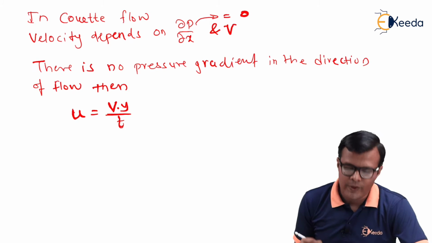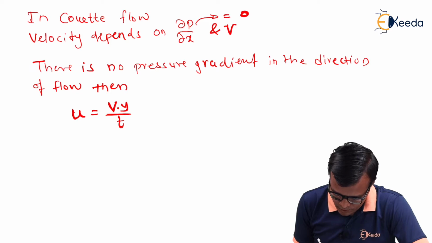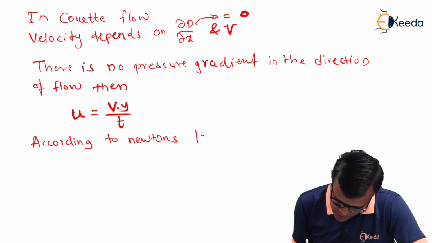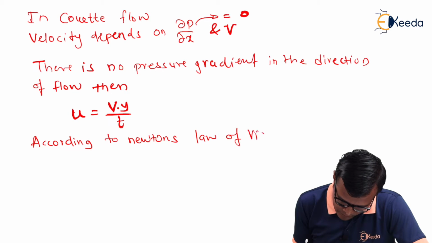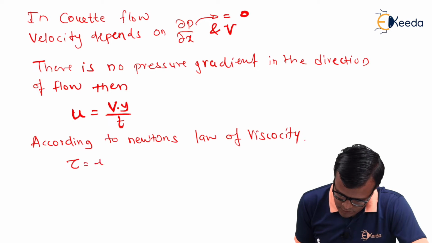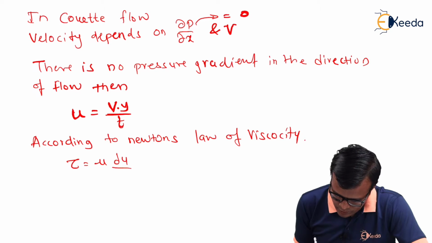So we know Newton's law of viscosity. According to Newton's law of viscosity, tau is equal to mu du upon dy.